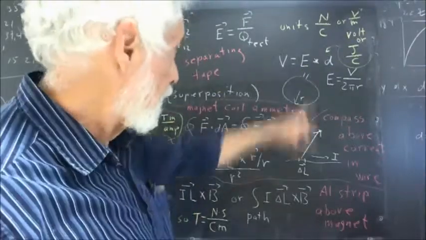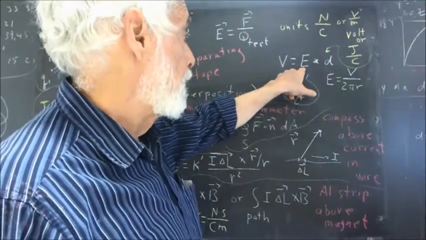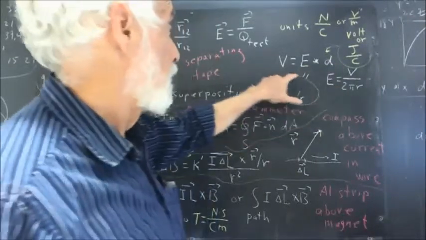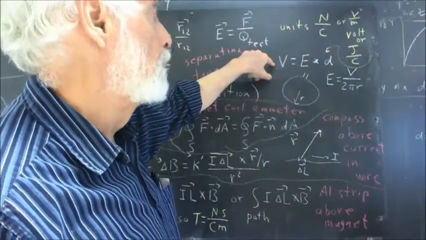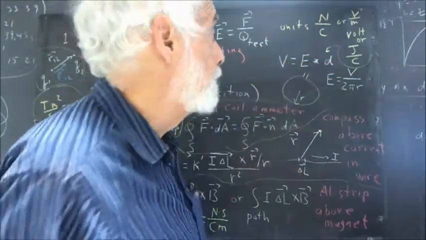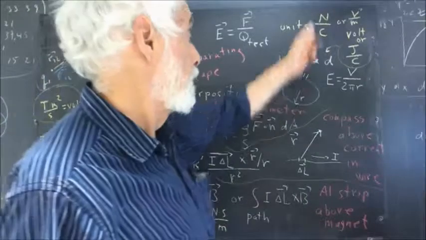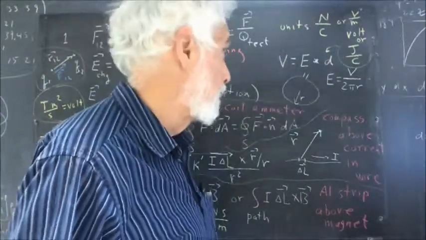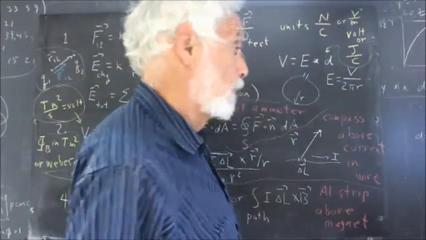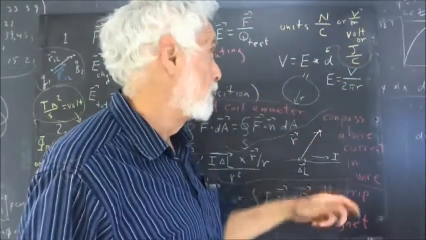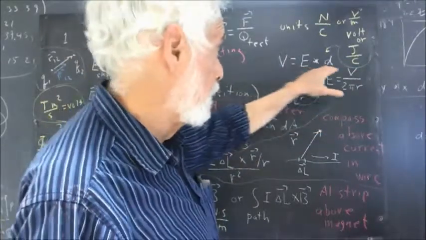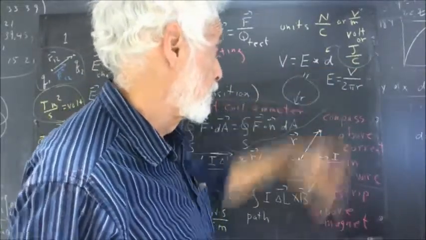That is, if you have a constant electric field and 2 points separated by distance d in that electric field, the voltage, the potential difference between the points, is E times d. The units of E being newtons per coulomb, the units of d being meters. The units of this potential difference are joules per coulomb, the amount of energy per coulomb of charge, interpreted as the energy per coulomb of charge required to move the charge over this distance d.